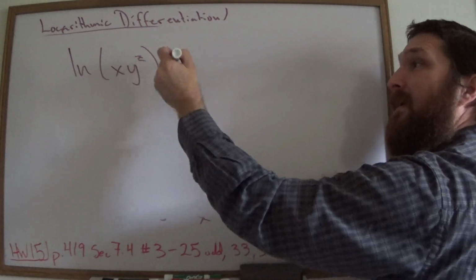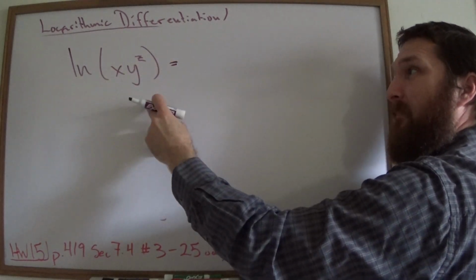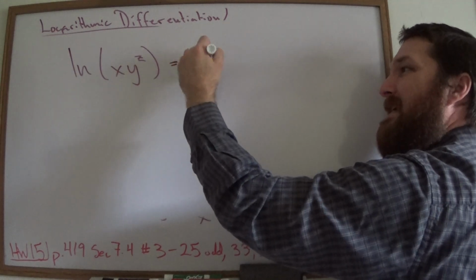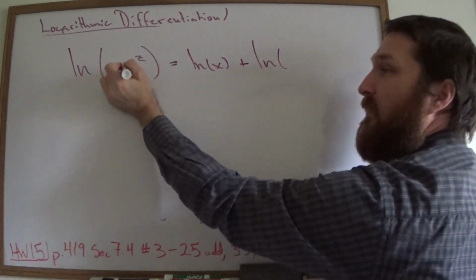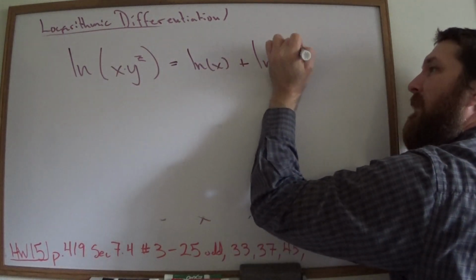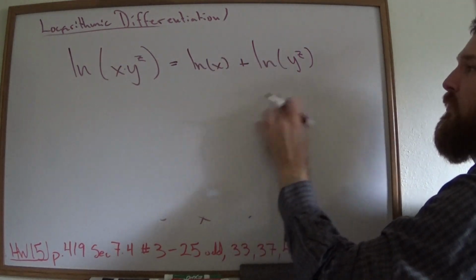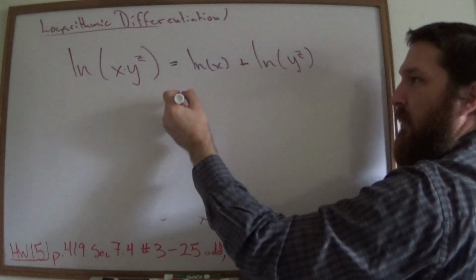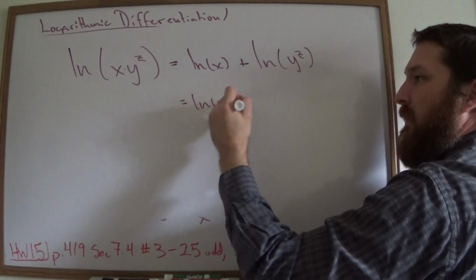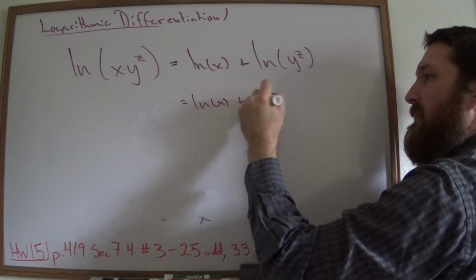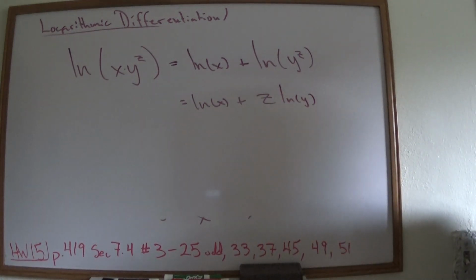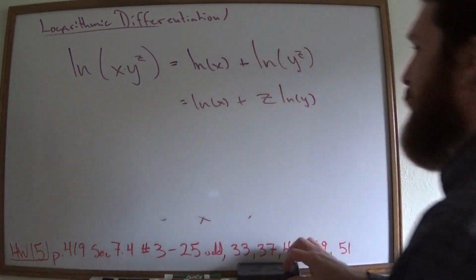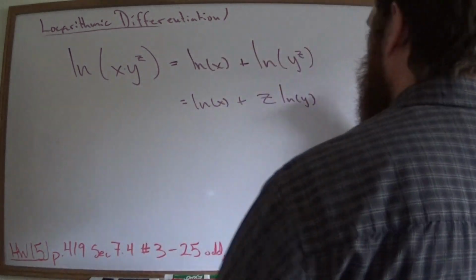If you have a setup like this, log of x plus log of the other stuff, because we have the multiplication right here. And then we could use the further property of log to say this is the same thing as z log y, the z drops down and we have log y right there. Okay, now I want to do one more big example to show you how useful this can be.